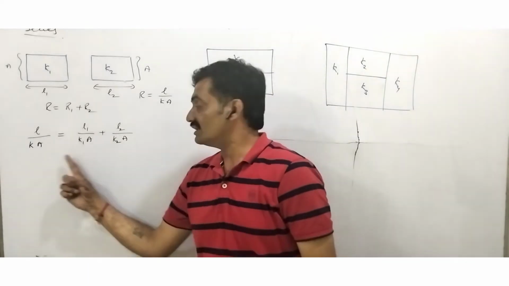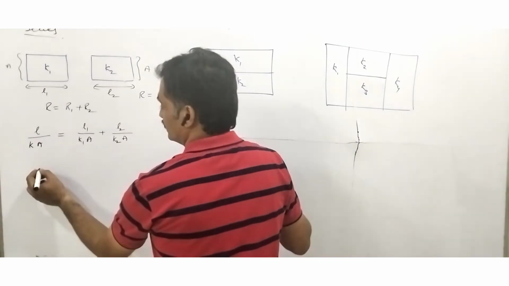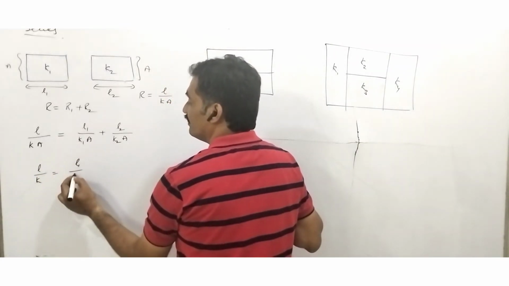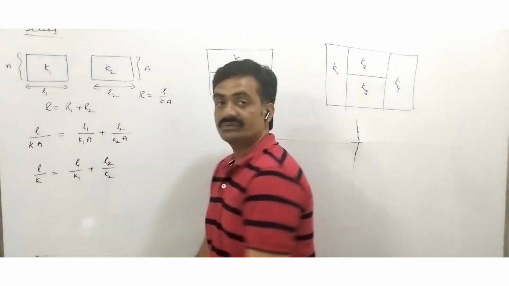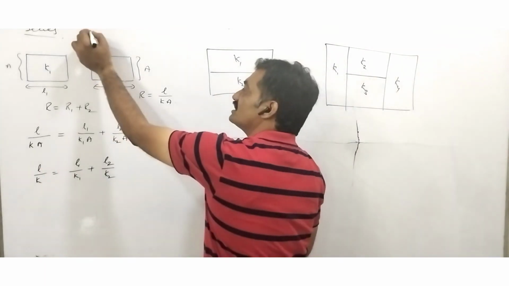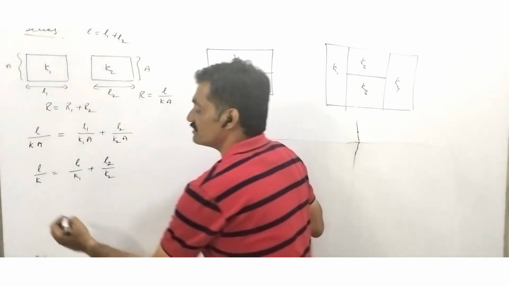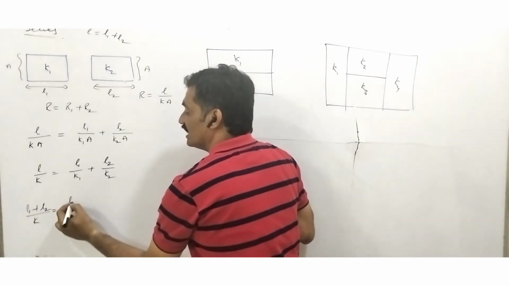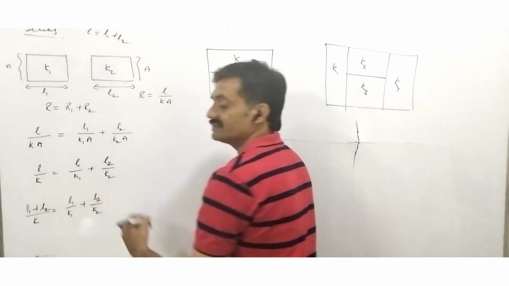Observe that in the denominator we can take A common, and A gets cancelled on both sides. So here we have L by K equals L1 by K1 plus L2 by K2. Here L is equal to L1 plus L2. So when we substitute this, L1 plus L2 by K equals L1 by K1 plus L2 by K2.